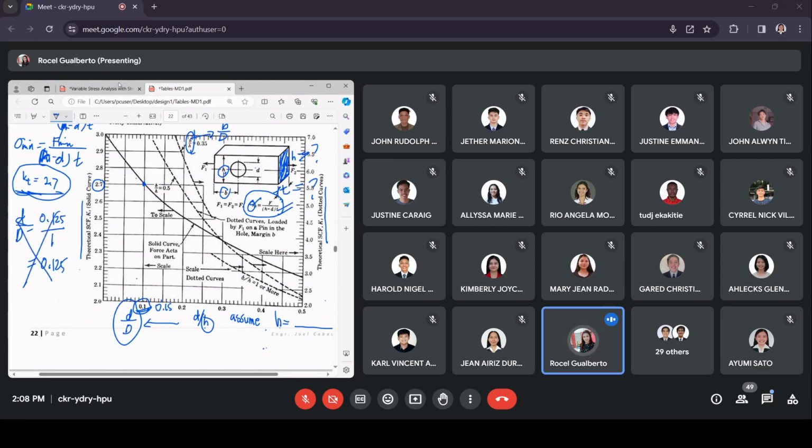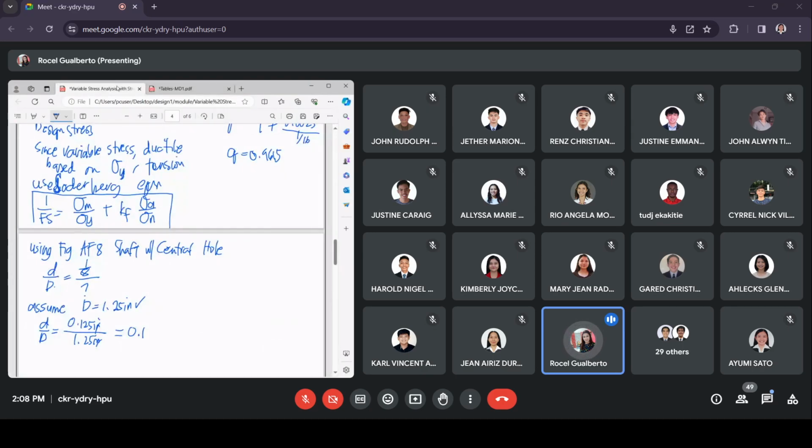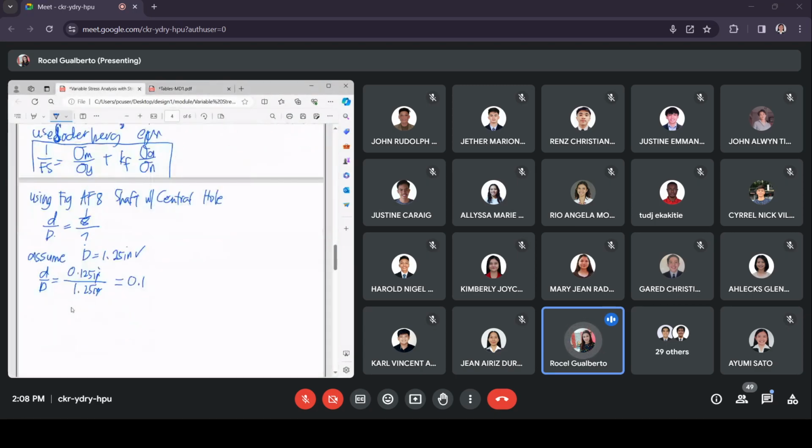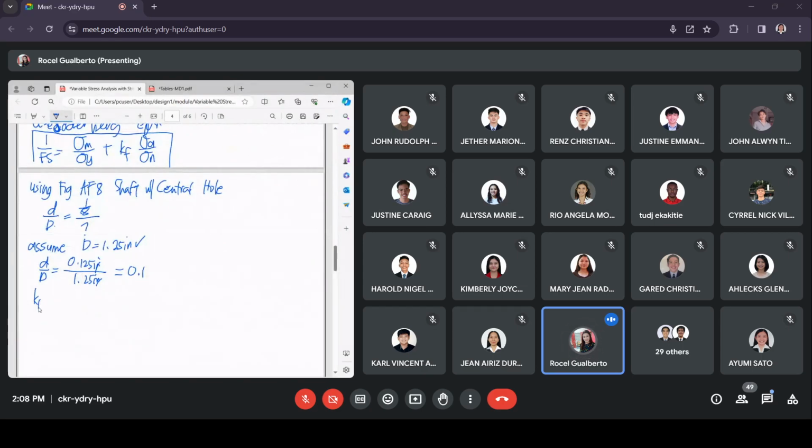So, let me go back. I use here 0.1 and from that 0.1 d over D, we obtain a KT equal to 2.7. So, we have here now KT equal to 2.7.